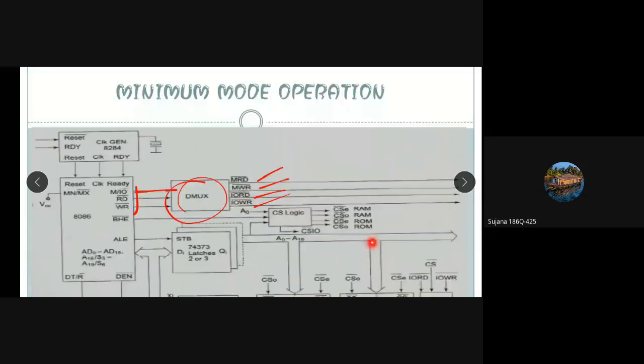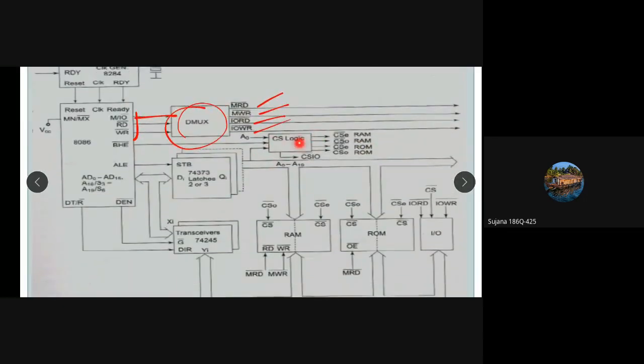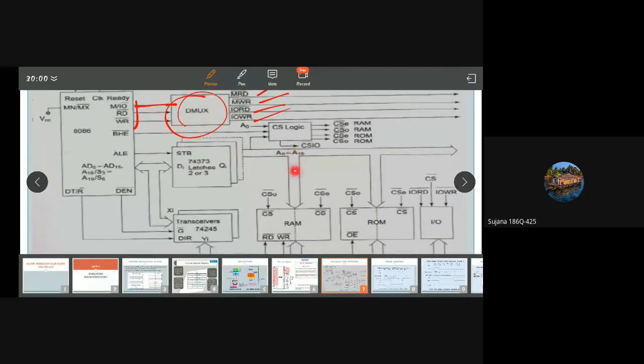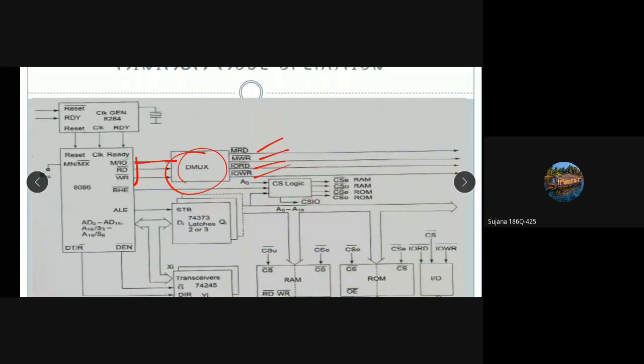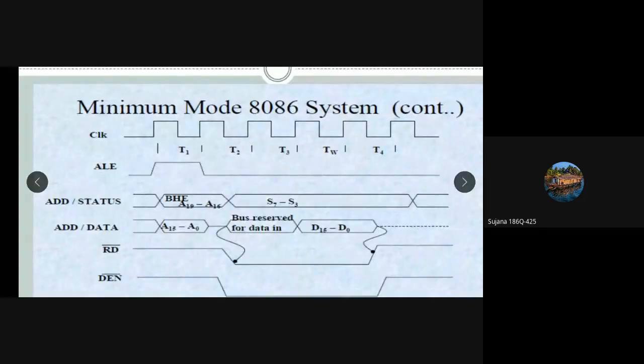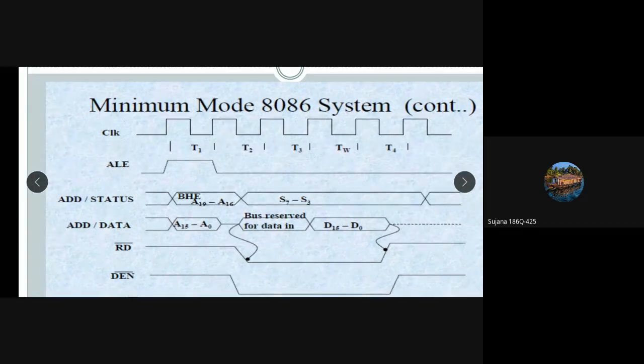At T1 only, ALE will be in the active state. In the rest of the cycle, it will be inactive.